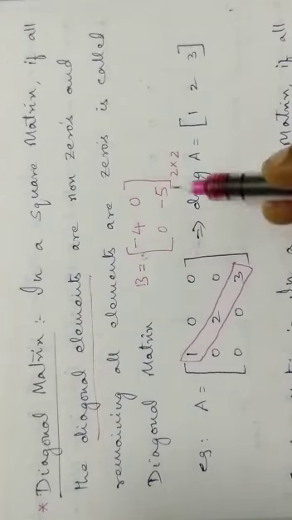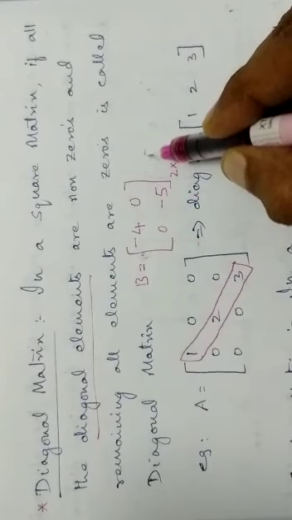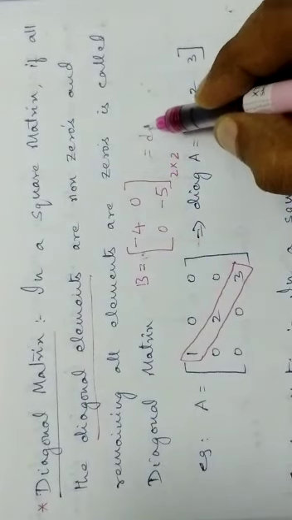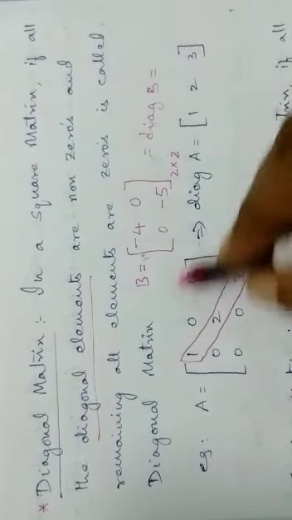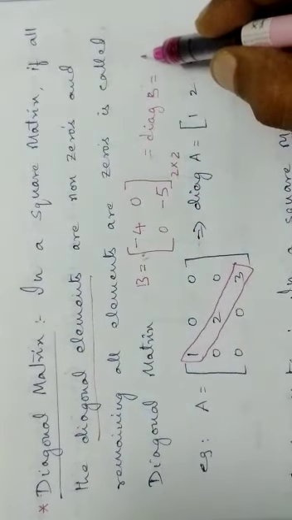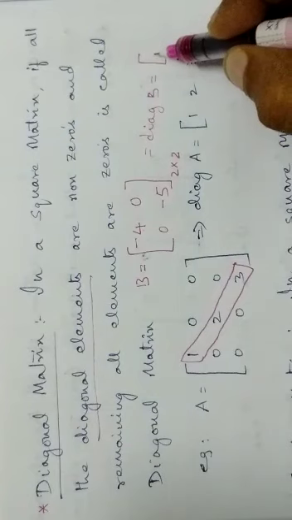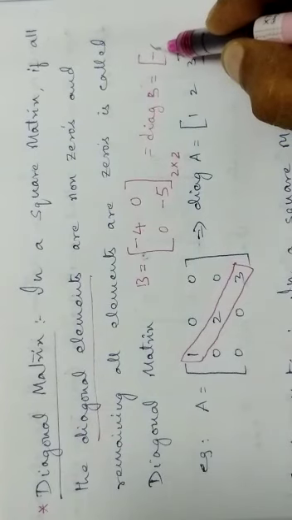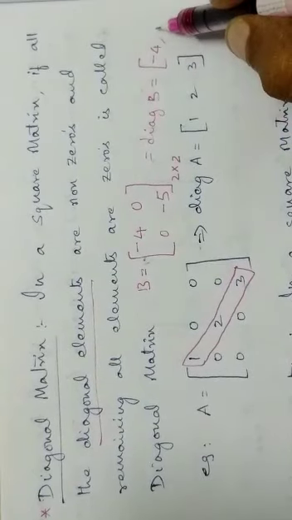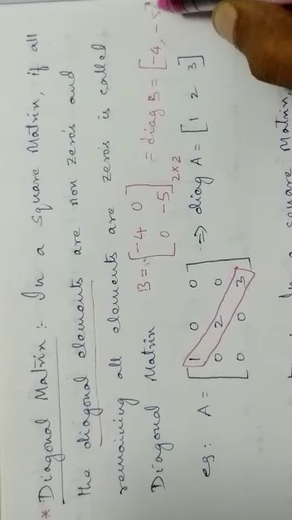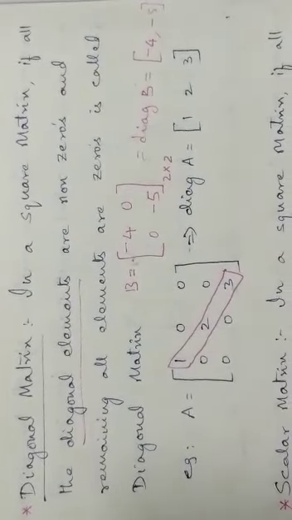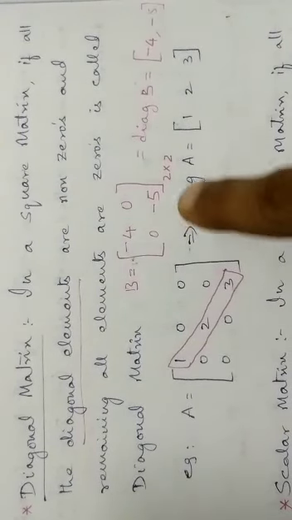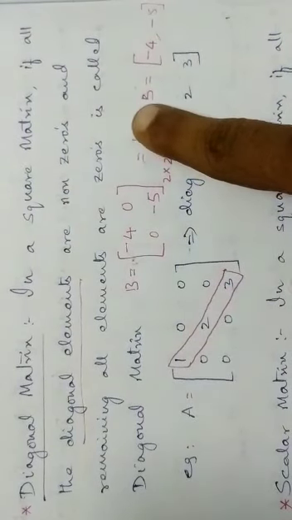If you want to write in a simple manner, DIAG capital B, as the matrix is named as capital B. First of all, you write first row, first column element. Next, second row, second column element. So what is the necessity of writing DIAG?